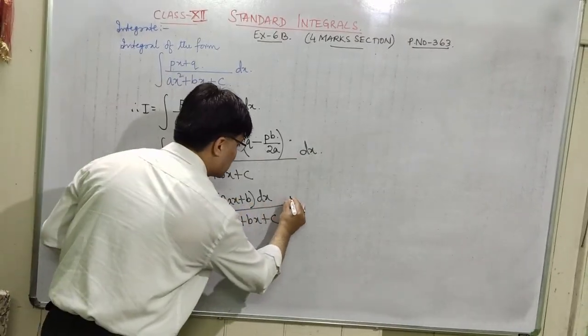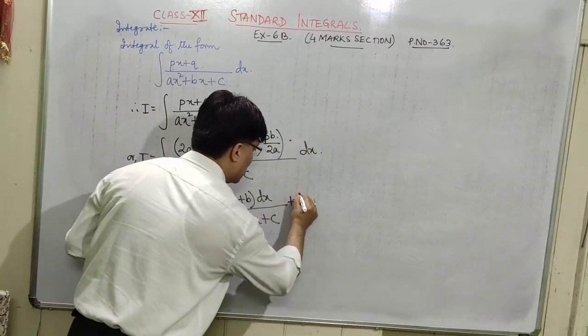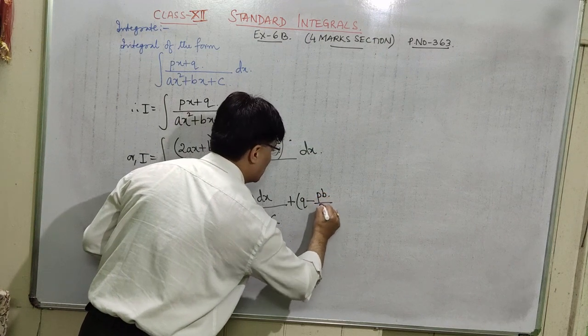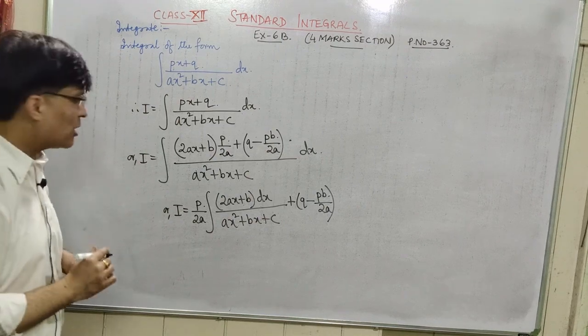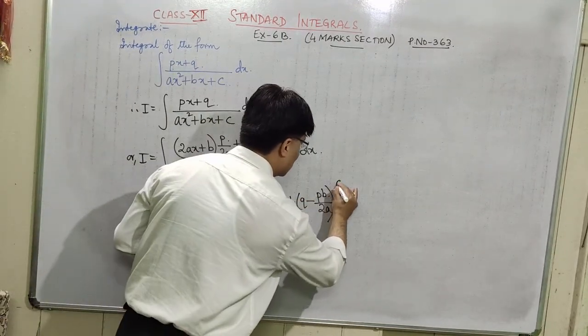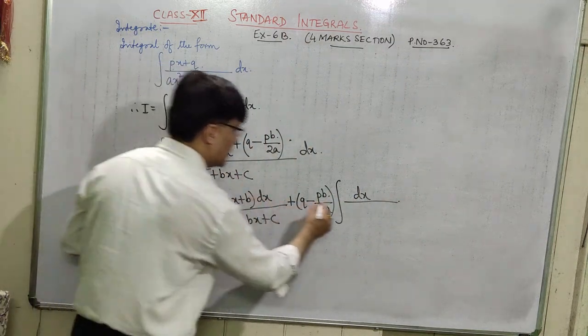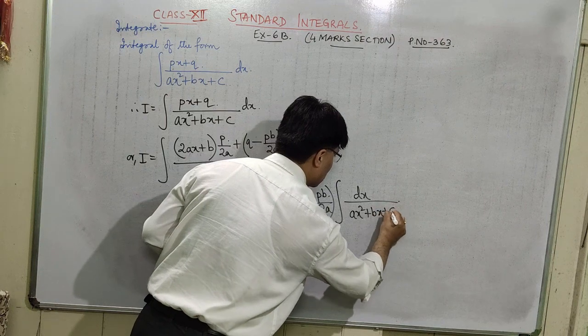Next, plus this q minus pb by 2a is constant. So we can write within bracket q minus pb by 2a, that is constant, taken outside. Integral sign, then you have to write dx divided by what? This is ax square plus bx plus c.